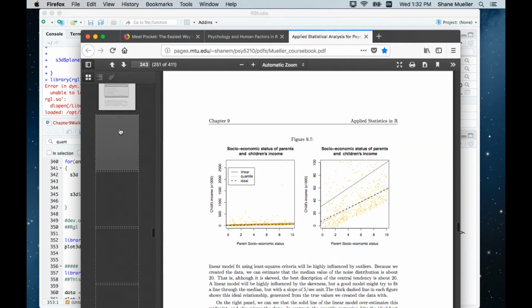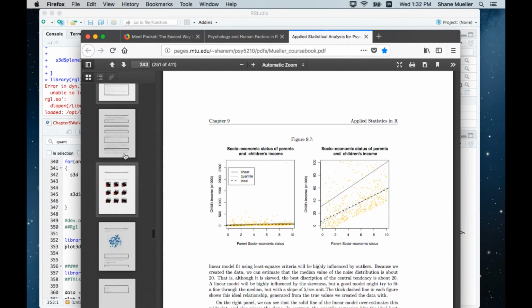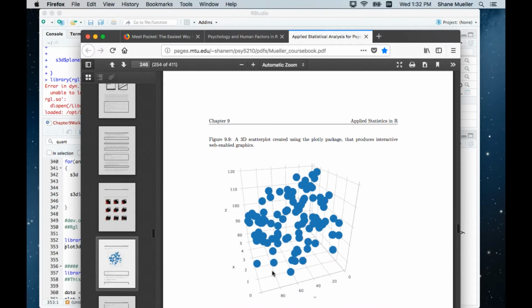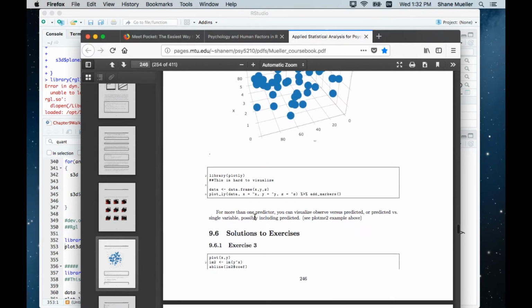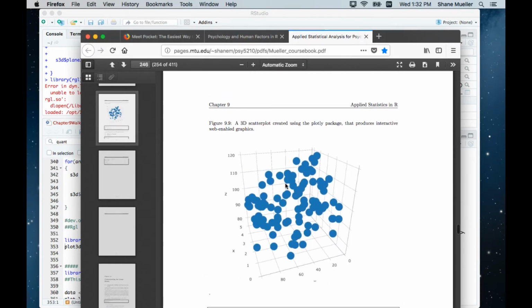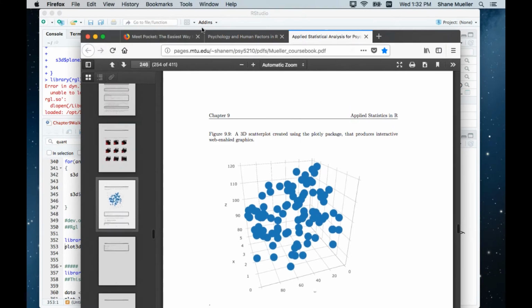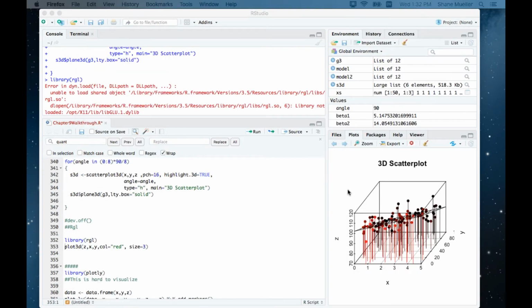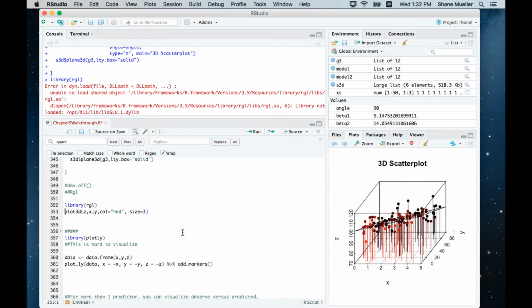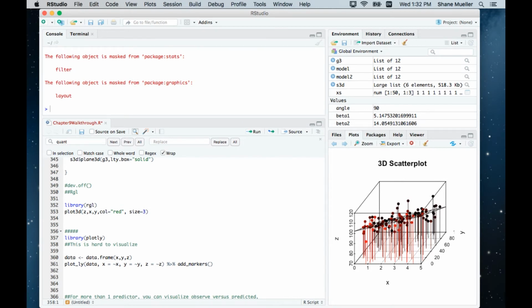And let's see, we're in chapter 9. So it will let you drag these around. This is actually from the Plotly package, and Plotly is a nice graphing library that makes web-enabled graphics. So if you load Plotly, there's probably no reason why you'd want to use rgl if you have Plotly installed.